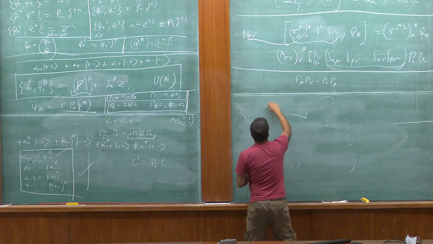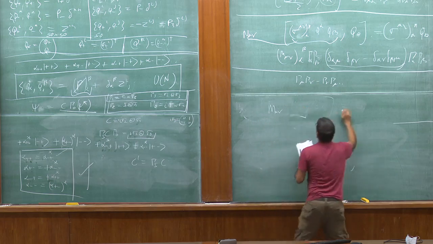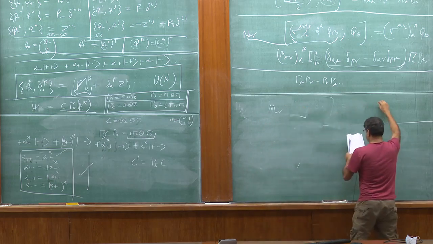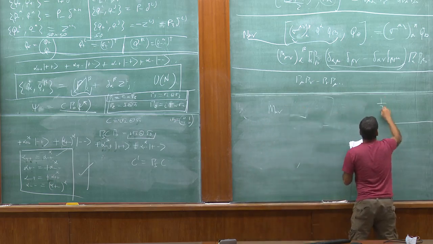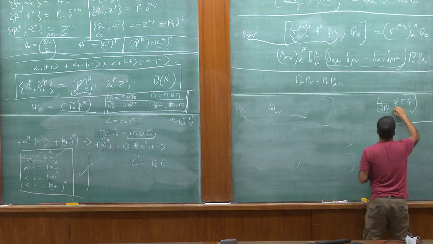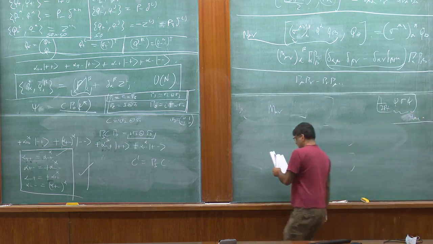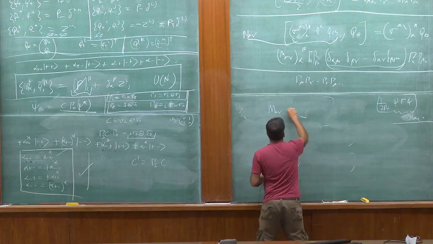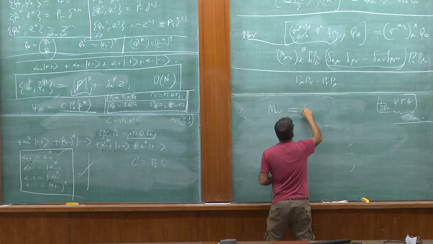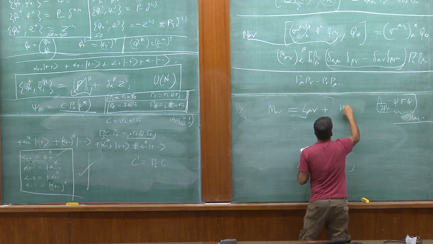Let me define M mu nu. Okay, we had these, let's give these guys a name, one over two P plus Q sigma Q. Let's call these R mu nu, whatever. H mu nu. Okay, so what they say is, let's define Q is equal to L mu nu plus H mu nu.